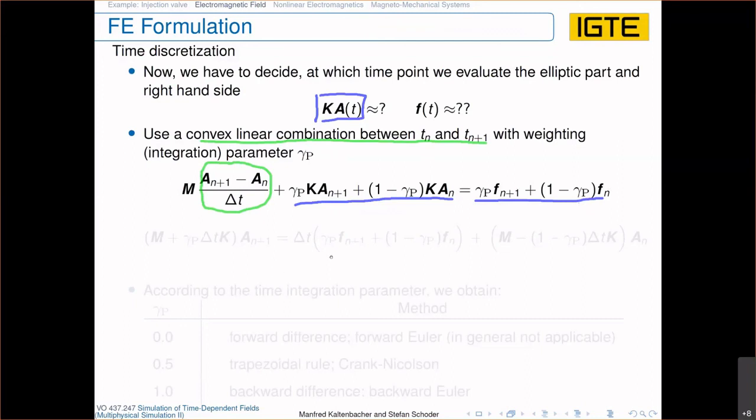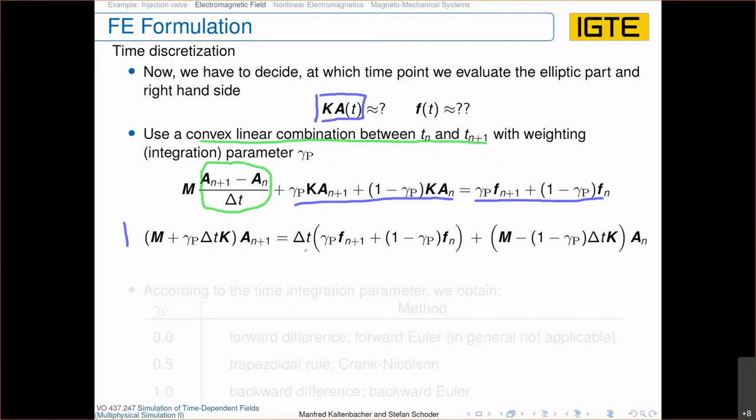Okay, now we can rearrange the terms, because we assume that A_n, which pops up here, here and here, is already known. So we can rearrange it, and what we get is this equation here. We have as a system matrix the mass matrix plus a scaling of the stiffness matrix by the time step and this integration parameter, and then the unknown vector potential at time step n+1. All the things we know we put on the right hand side.